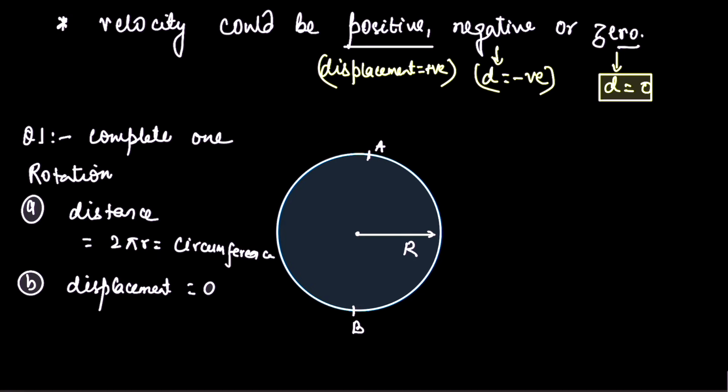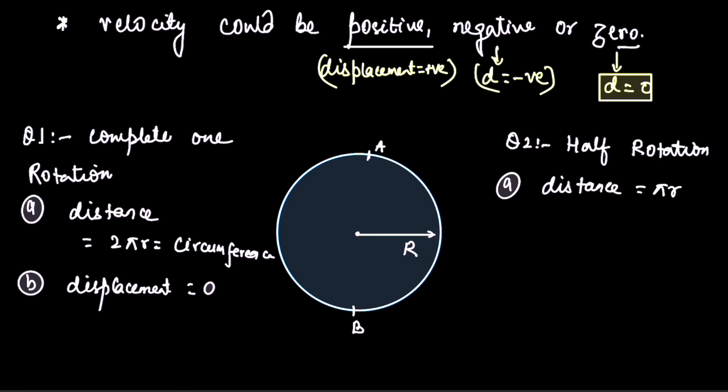In the second question, we can say what will happen when half rotation takes place. During that time, what is distance? So distance is equal to pi r, because half of the circumference is equal to pi r. Means it starts from A and reaches to point B. So it covers a half circle.